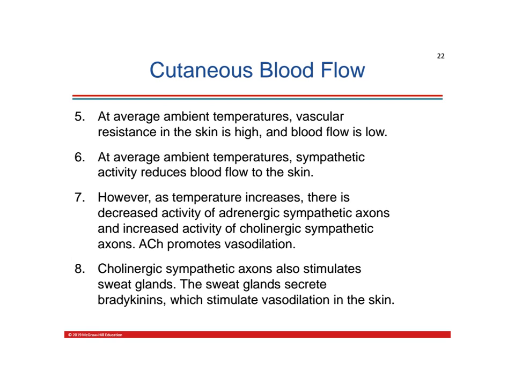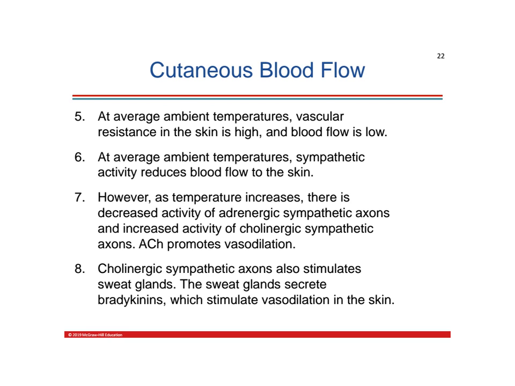So now we're going to get vasodilation in the skin, and this is good because we want to offload this heat. So now we're bringing a lot of blood to the surface of the body in the skin, and that allows the heat to dissipate into the environment. At the same time, the cholinergic sympathetic axons also stimulate sweat glands. This is a very well-known phenomenon in humans, and these sweat glands secrete.